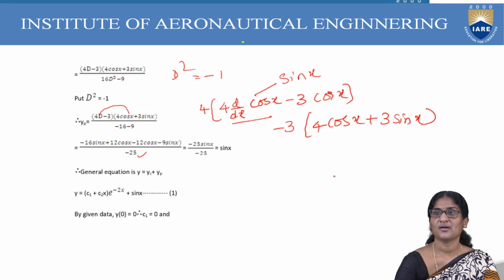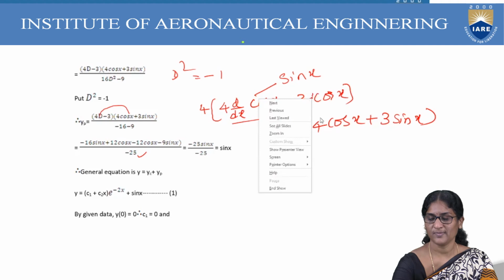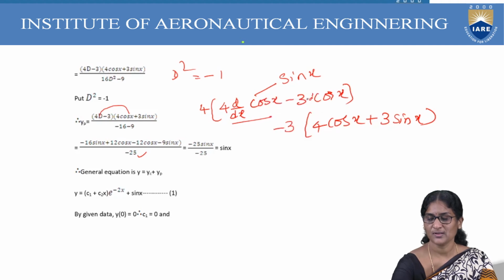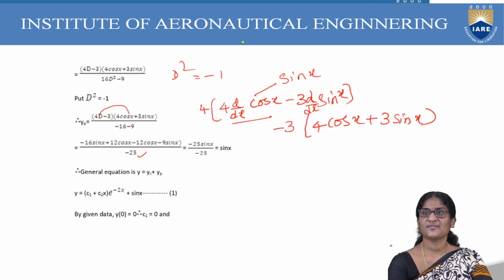Okay, I'll repeat once again. 4 into d by dx of cos x plus 3 into d by dx of sin x, minus 3 into 4 cos x, plus 3 sin x.